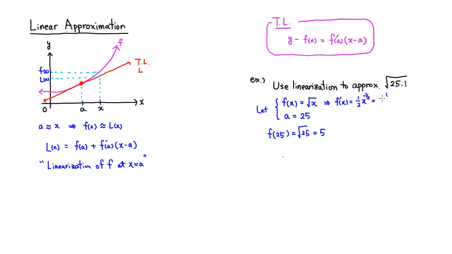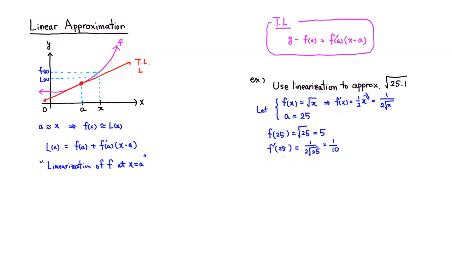So this is 1 over 2 times x to the 1/2 power, which is square root of x on the bottom. What would be f prime of a? f prime of 25 is 1 over 2 times the square root of 25, which is 5 times 2, so 1 over 10, or 0.1.